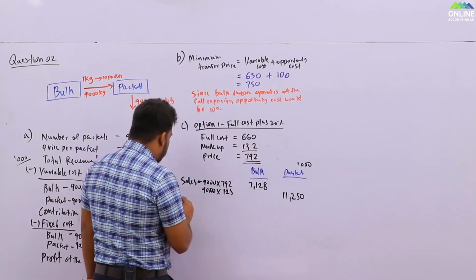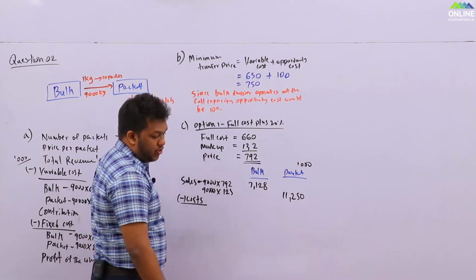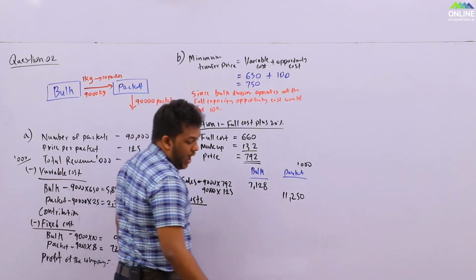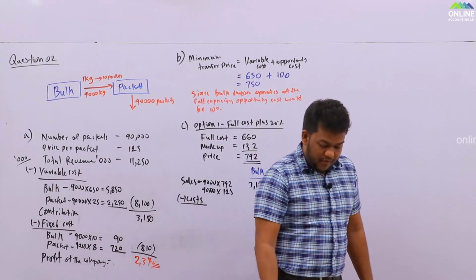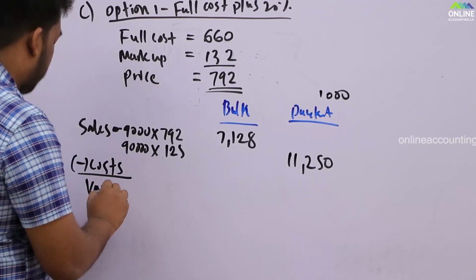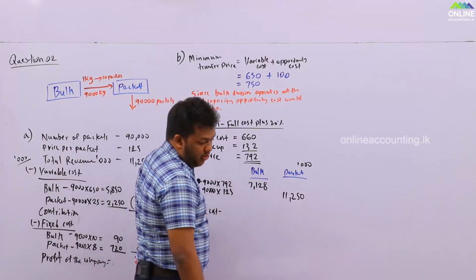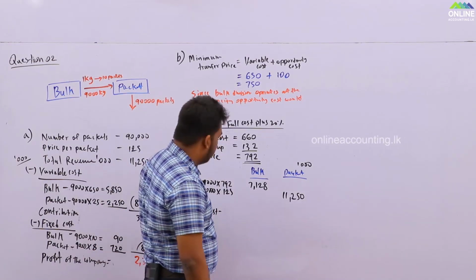But what is changing is the cost. So minus costs. What are the costs? You have variable cost. So variable cost of bulk is how much?